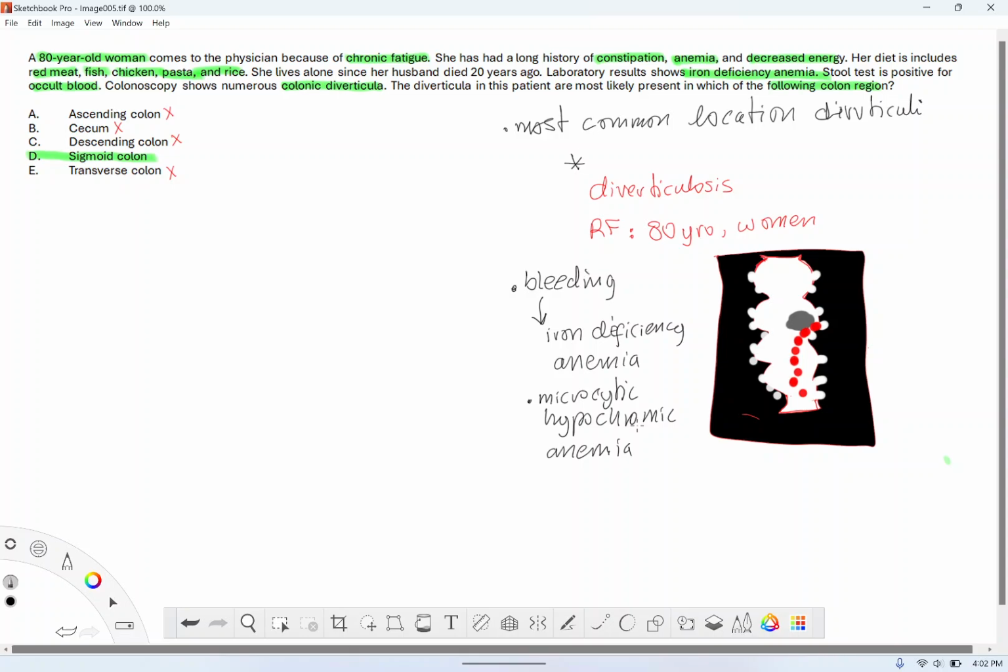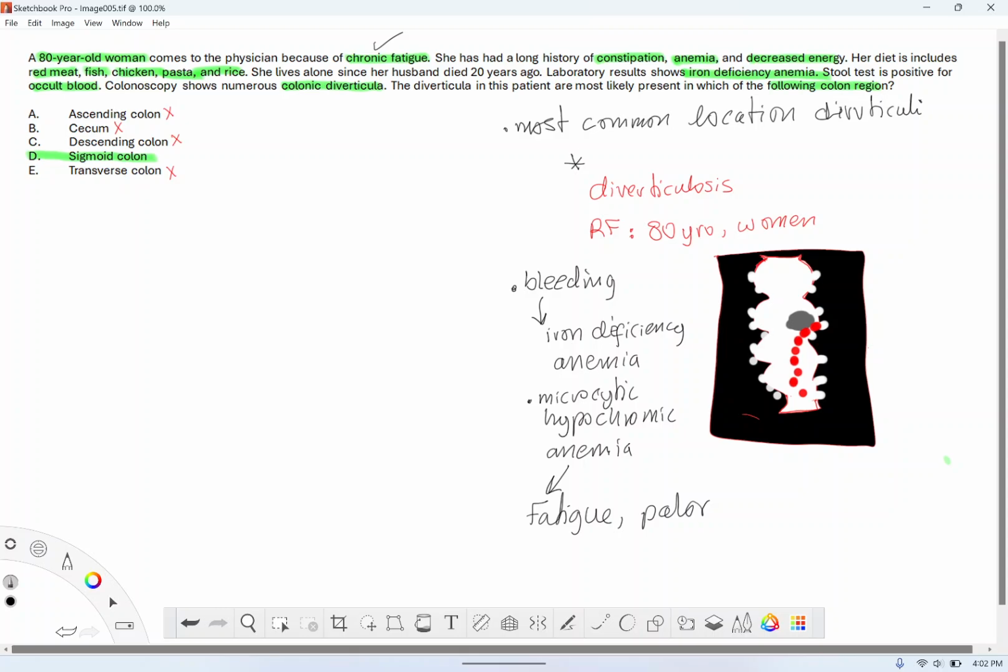Okay, so look for that. And of course the signs of anemia are fatigue, pallor, pale skin. It depends on the severity. Eventually it can lead to murmur, chest pain, dyspnea, and so forth. So we have chronic fatigue, that makes sense.